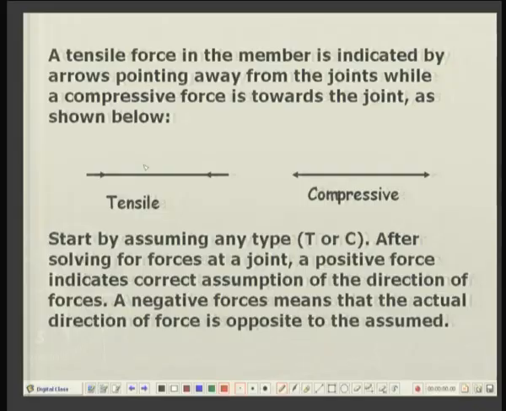So, the tensile force in the member is identified by the arrows inward along the member, and similarly the compressive forces are identified by arrows outward along the members. Please remember that the arrows are according to the direction in which the forces are acting on the joints.